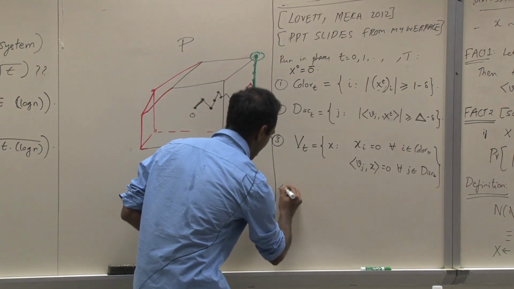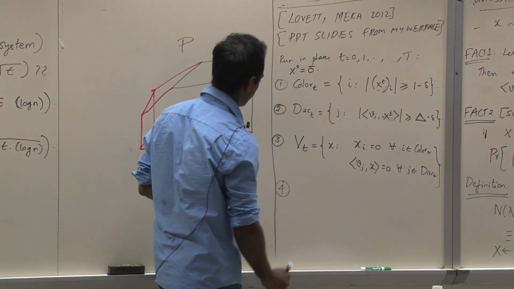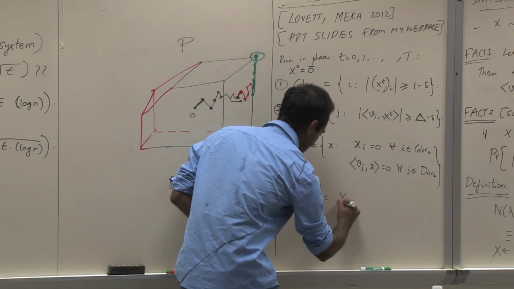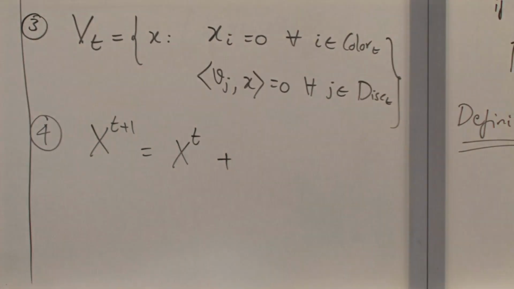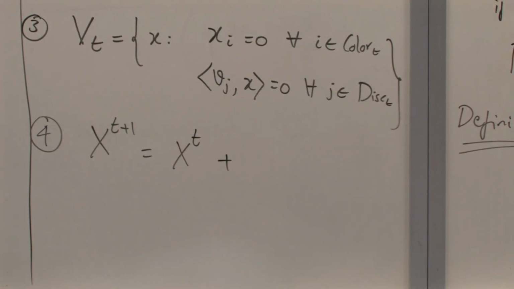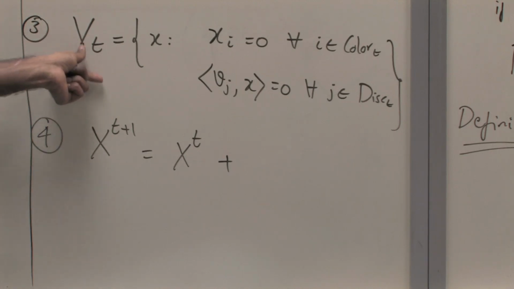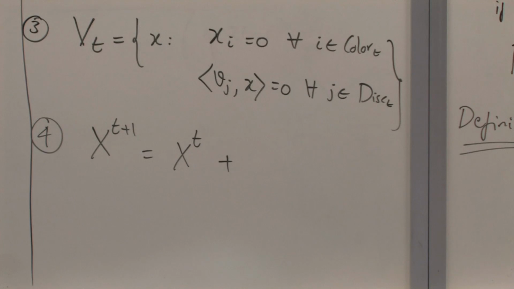And here's where the random walk comes in. So you set xt plus 1 to be xt plus gamma times Yt. Let's say I'm here. I had to pick a random vector within this subspace Vt, a random direction, and you take a tiny step in that direction because I don't want to move too much at any point.